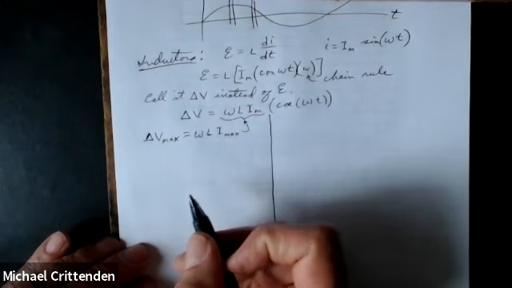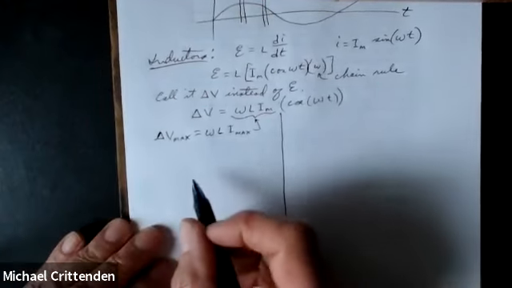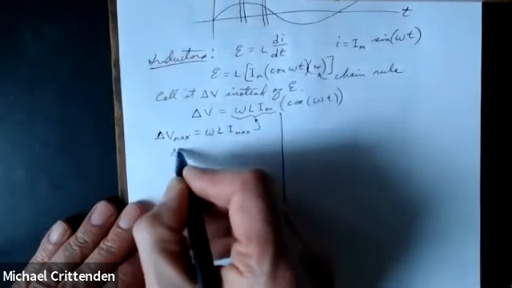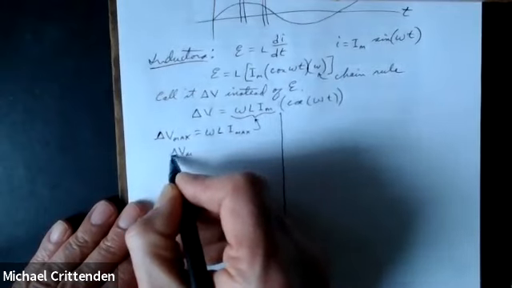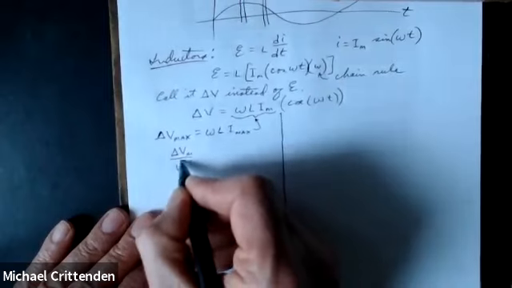Well, let's talk about RMS because that's what people usually do. I'll stick a square root of 2 underneath both sides. And again, I'm going to abbreviate the abbreviation and just put an M for max.